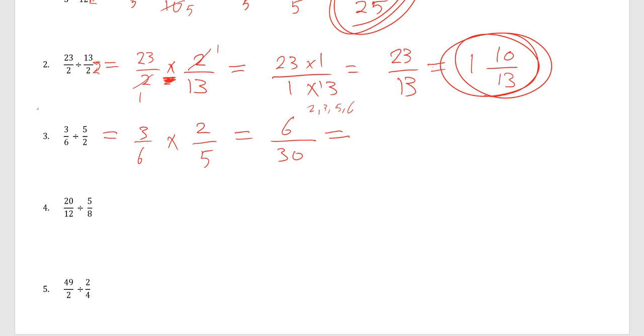There's a whole bunch of things. You can just start dividing by the smallest common factor that you can find, or you can write out the factors to get the greatest common factor and divide by it. If you determined that the greatest common factor is 6, then 6 divided by 6 is 1, 30 divided by 6 is 5, so you have 1/5. Or you could have just started dividing by 2 or 3 until you would have eventually also gotten to 1/5.